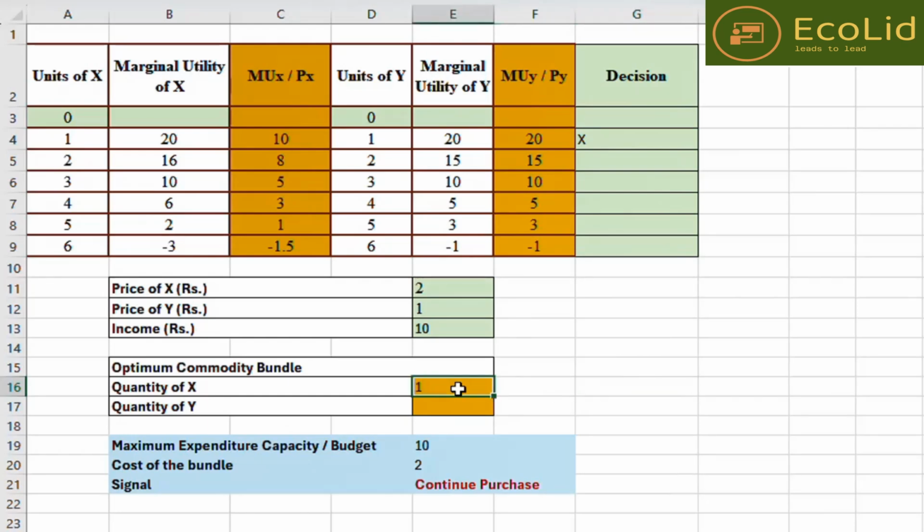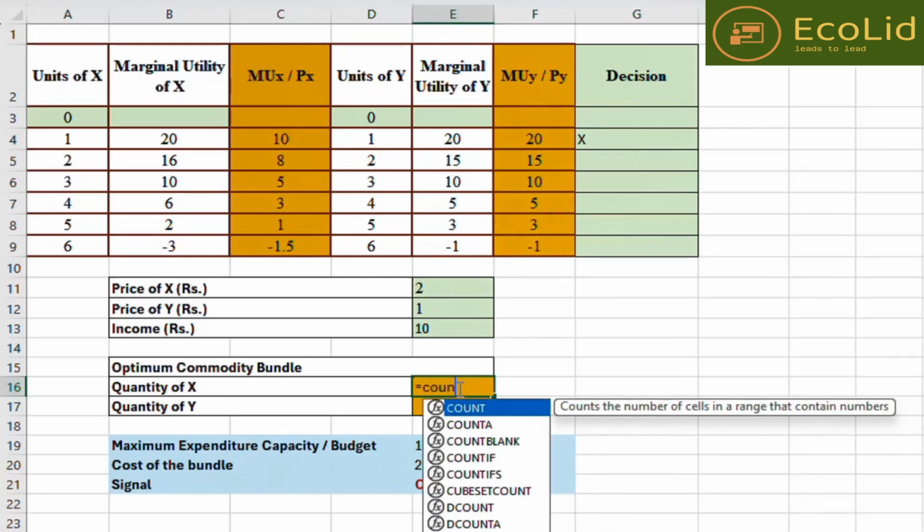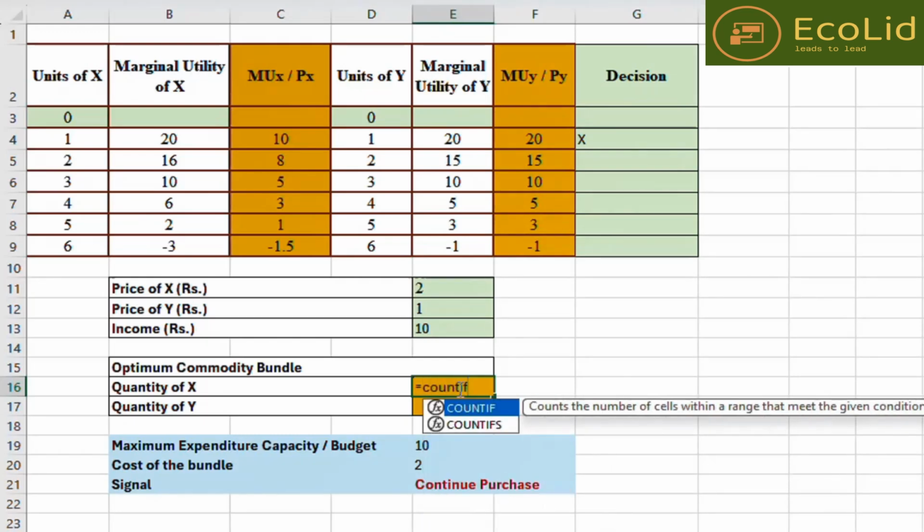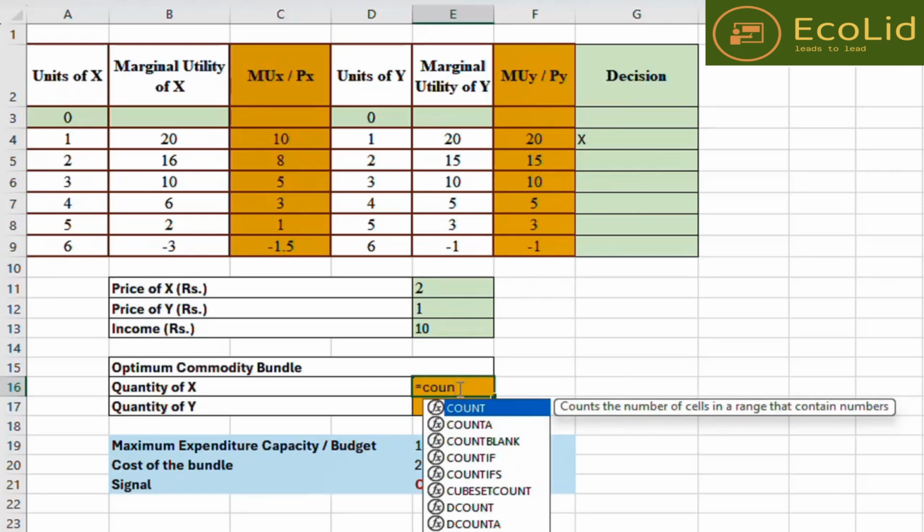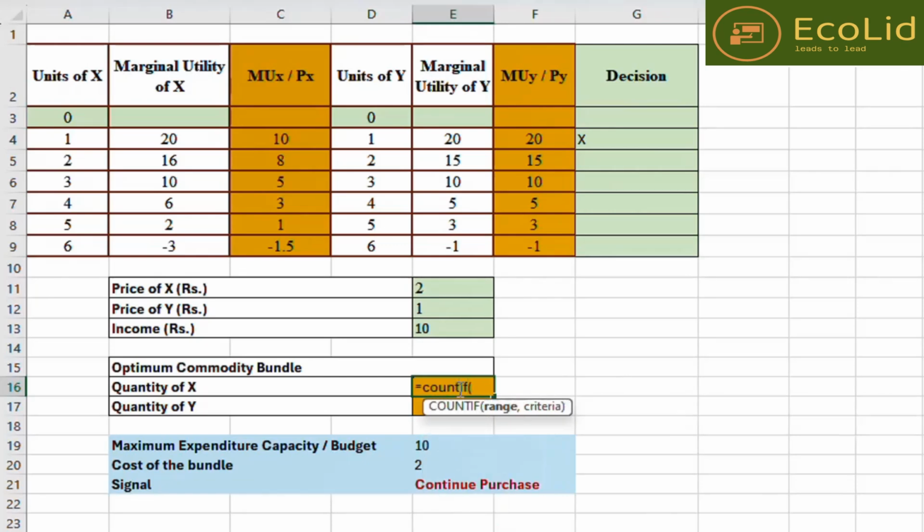How can we calculate it? In this case we will use the function COUNTIF. Now we will give the range.